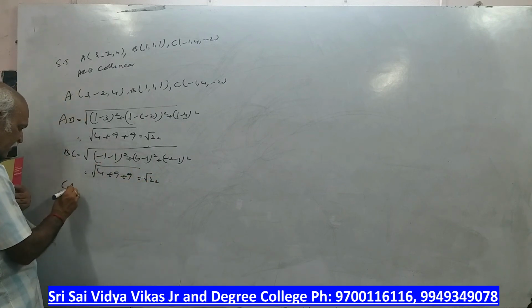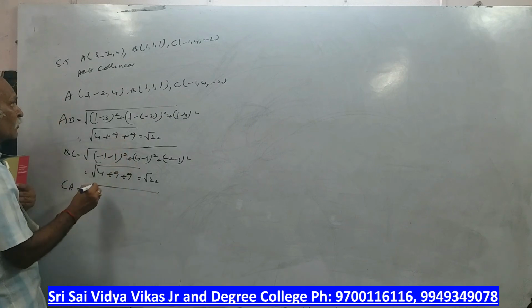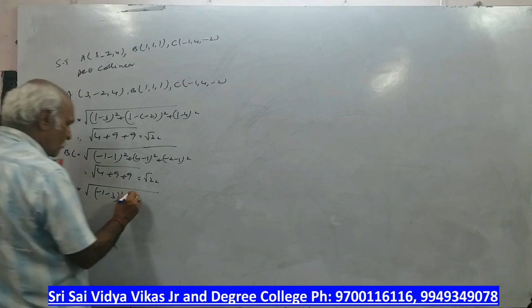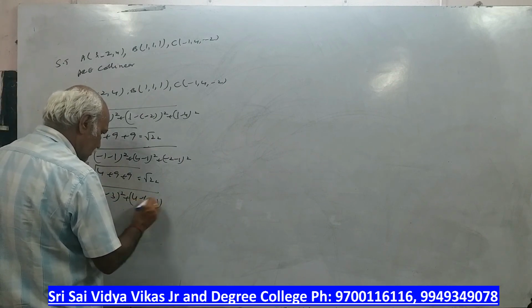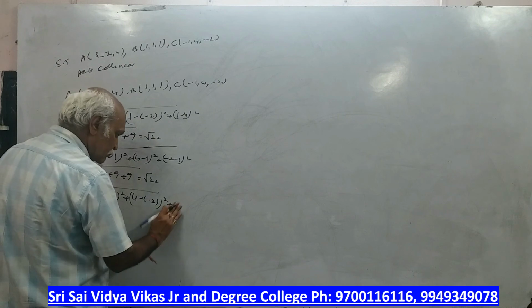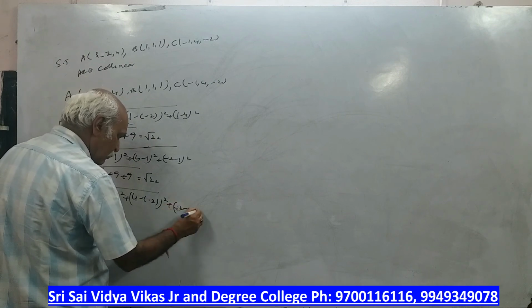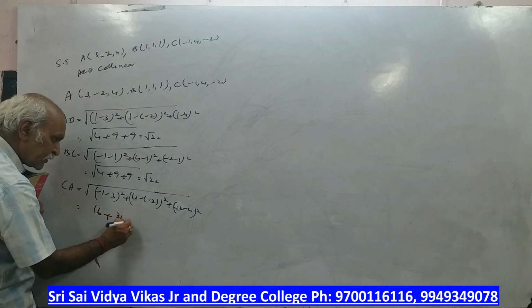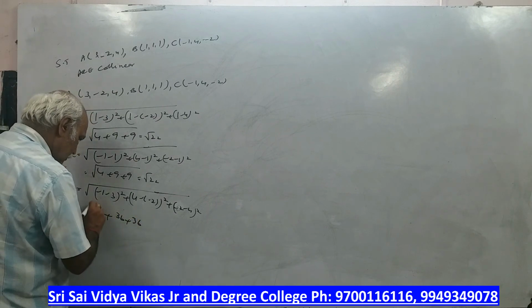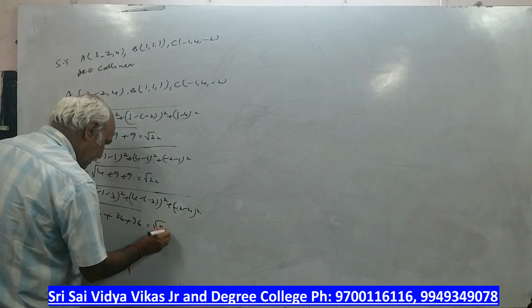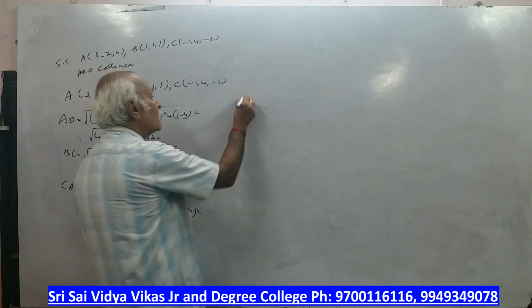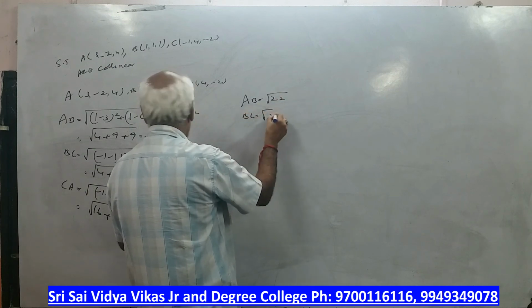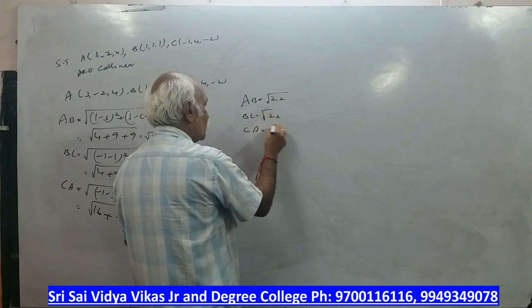Next CA: (minus 1 minus 3) whole squared plus (4 minus of minus 2) whole squared plus (minus 2 minus 4) whole squared. So 16 plus 36 plus 36. Root 88. Now AB is root 22, BC is root 22, CA is root 88.